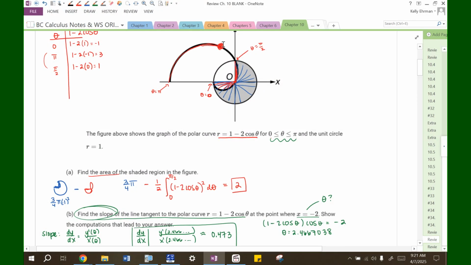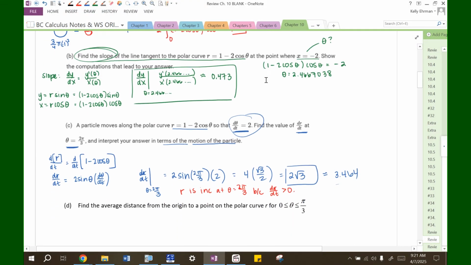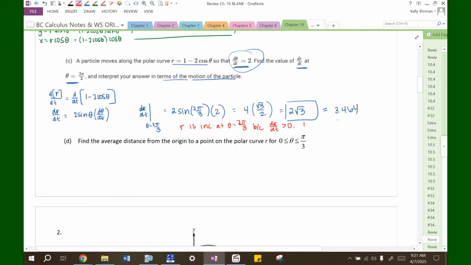And you can see that from the graph. But I could also say the curve is moving away from the origin because r of 2 pi over 3 is greater than 0.